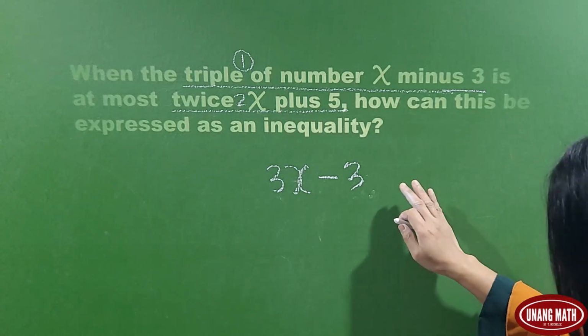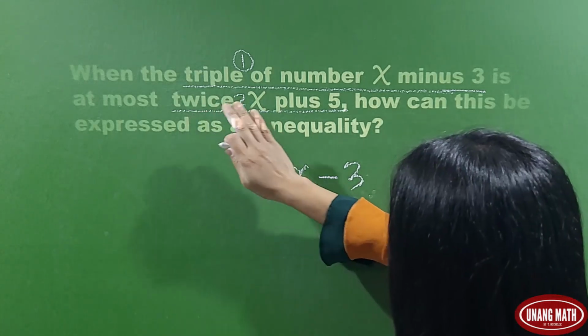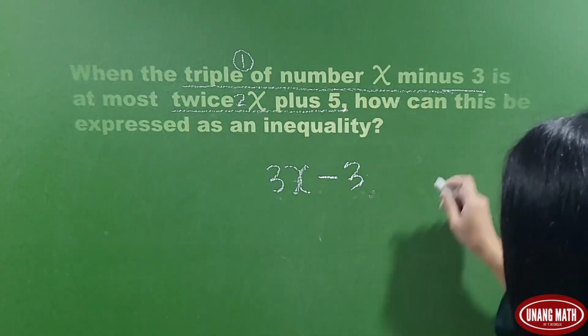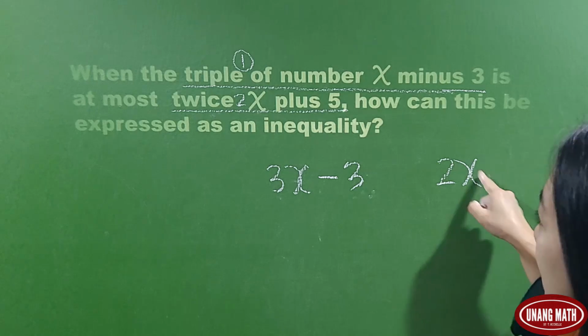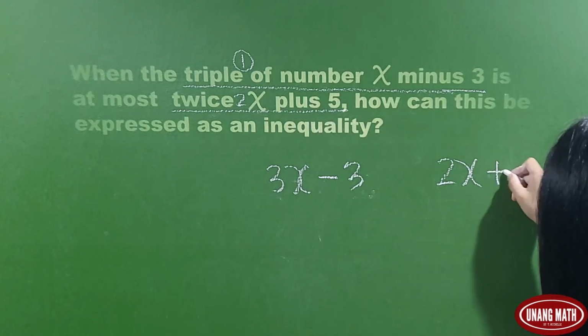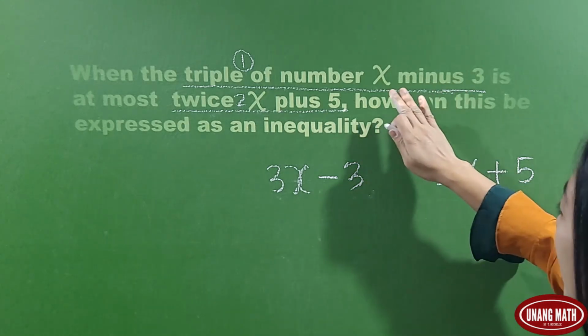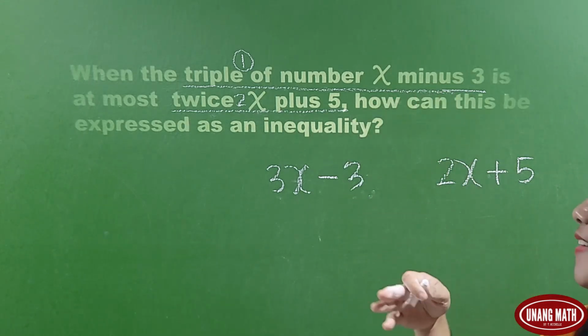What about the second expression? Twice x plus 5. Twice x is 2x, plus 5 is plus 5. What will be our inequality sign?